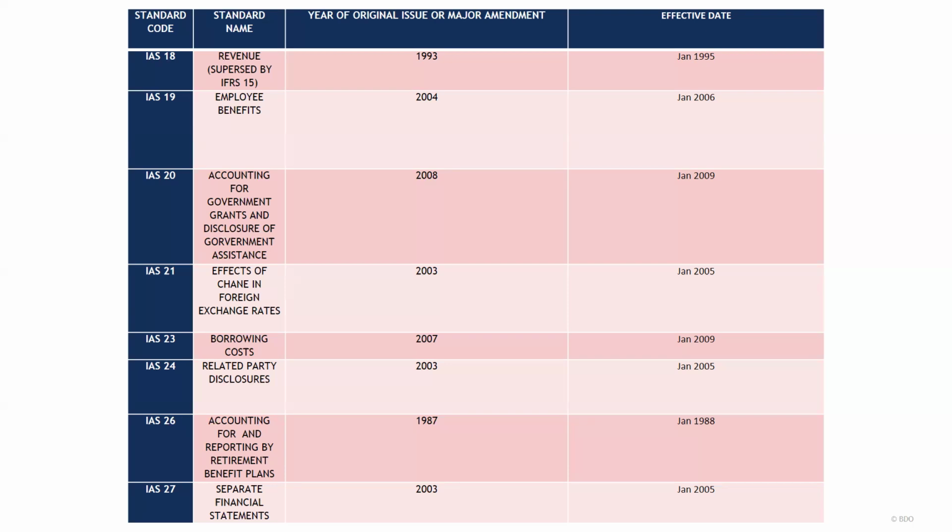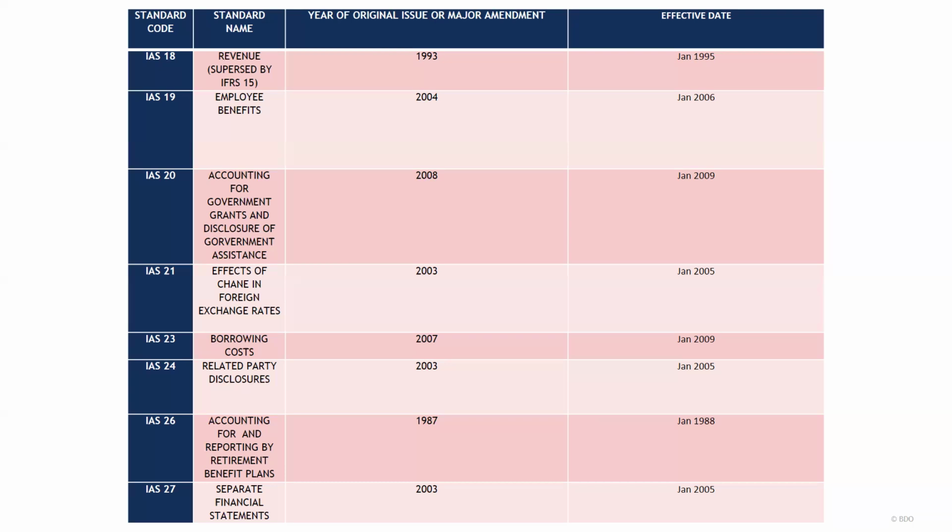So an impairment loss needs to be accounted for whenever the carrying amount of an asset is more than the recoverable amount. So we reduce the carrying amount to the recoverable amount and expense that as an impairment loss.